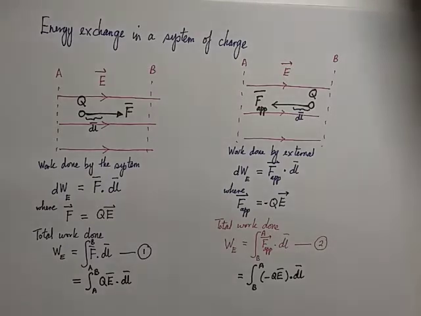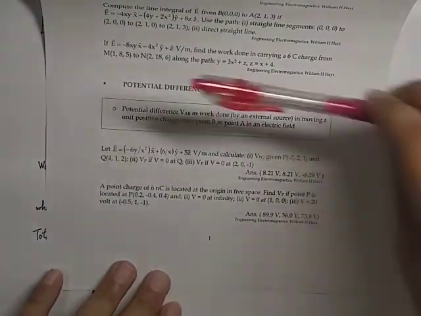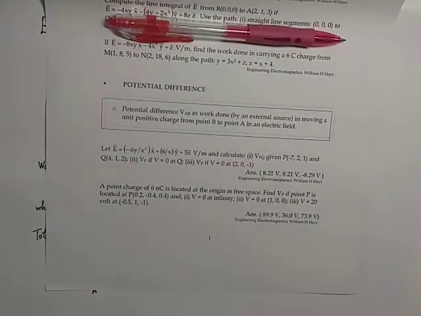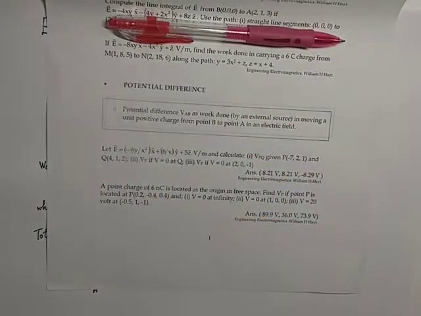Okay, so now I'm going to go to the next issue. What is potential difference? That's what we're going to talk about. To talk about potential difference, I'm going to refer to our handout number 6. If you open handout number 6, you're going to see this particular page. This is what we're going to focus on, the wording inside this box.